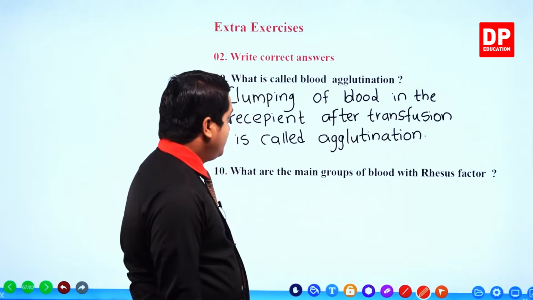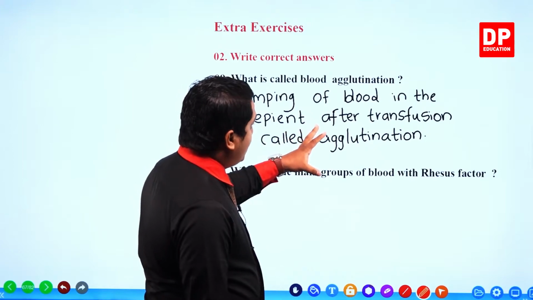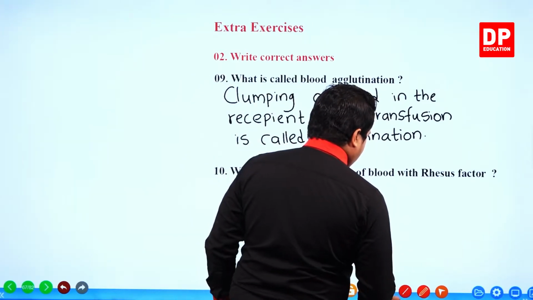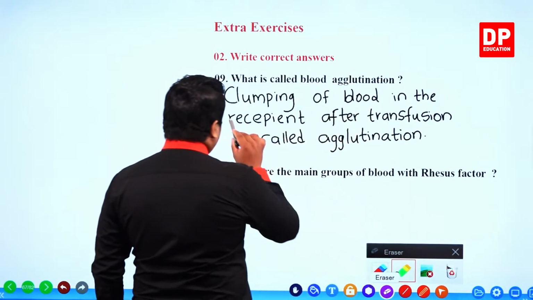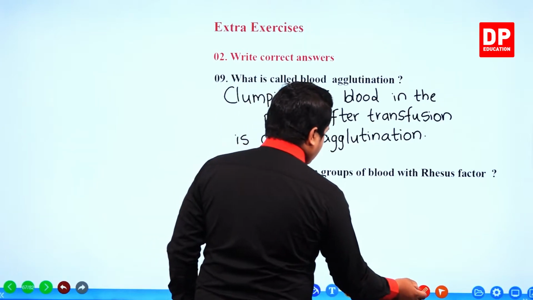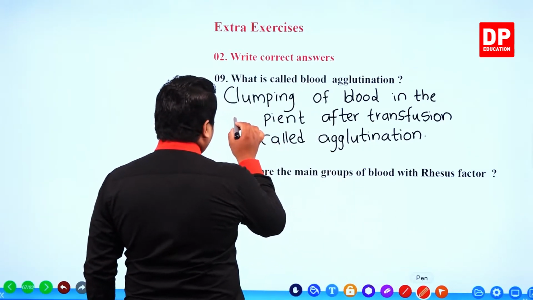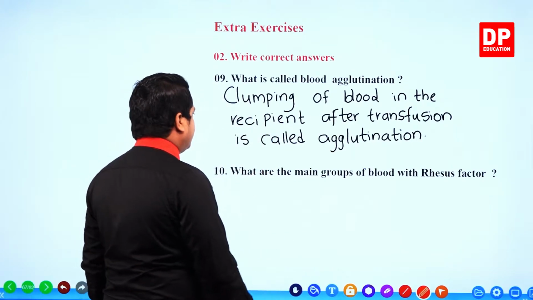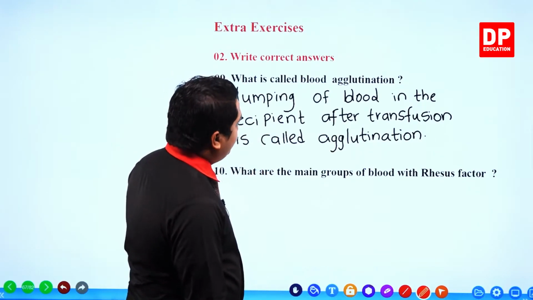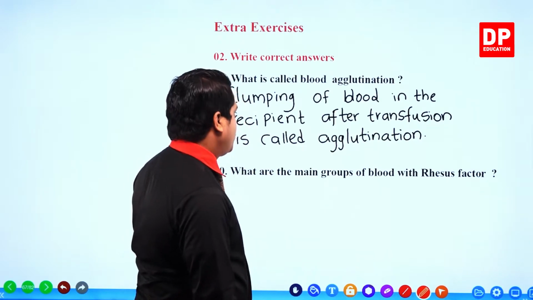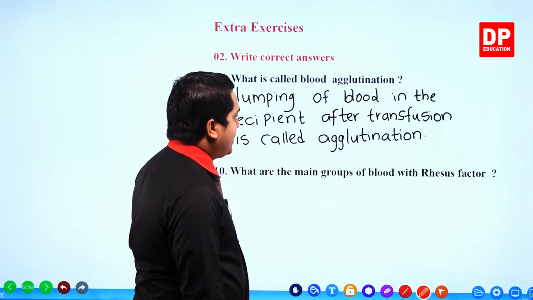So once again, clumping of blood in the recipient after transfusion is called agglutination.